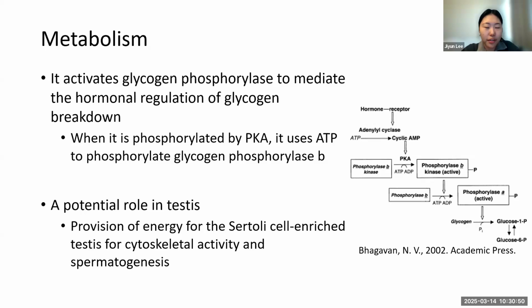There is also a potential function of the kinase in the testis. Research in rats showed that follicle-stimulating hormone activates glycogen phosphorylase, potentially providing energy for spermatogenesis in Sertoli cells.